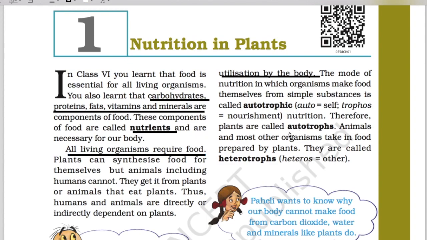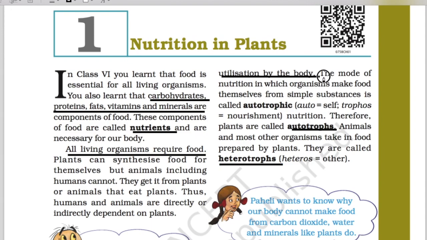Number 1, autotrophs, and number 2, heterotrophs. Now let's learn about autotrophs and heterotrophs.